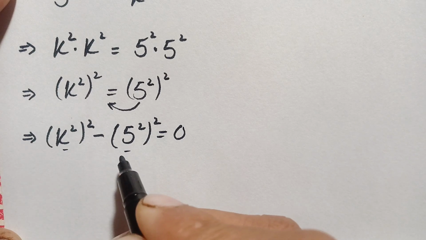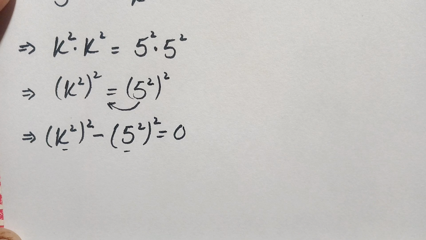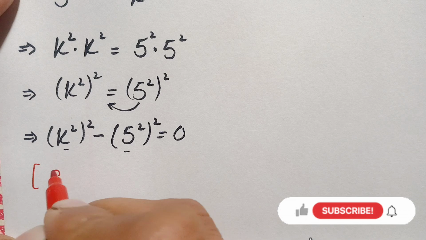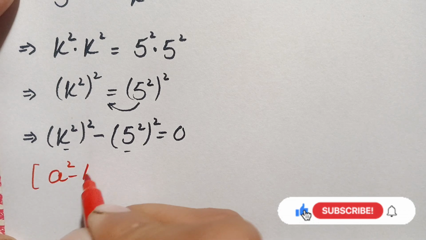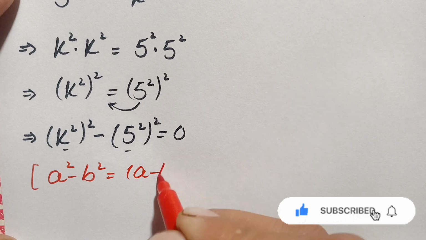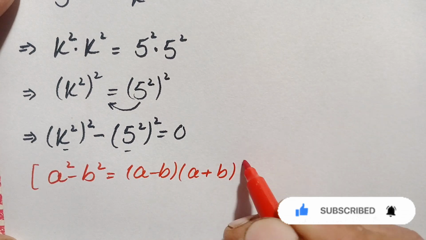Now here in both the terms there is a square. So we will use the algebraic identity, a square minus b square, which is equal to a minus b times a plus b.